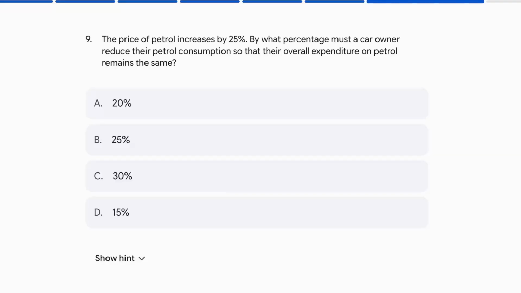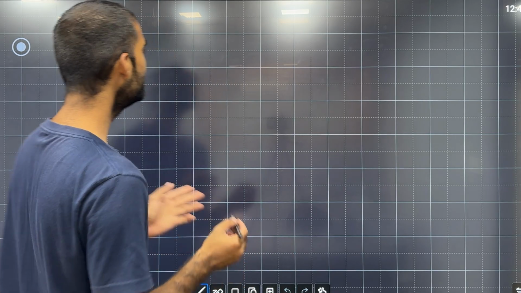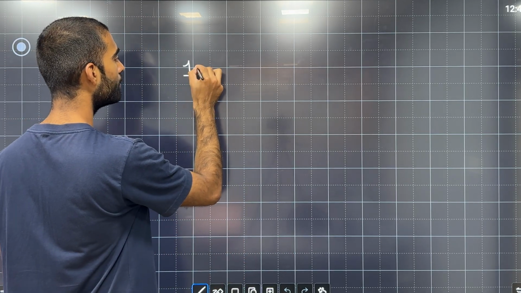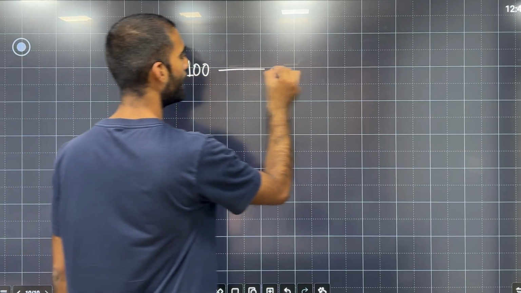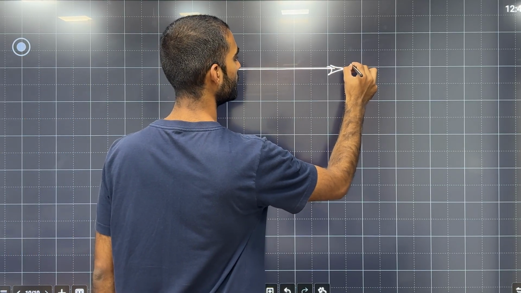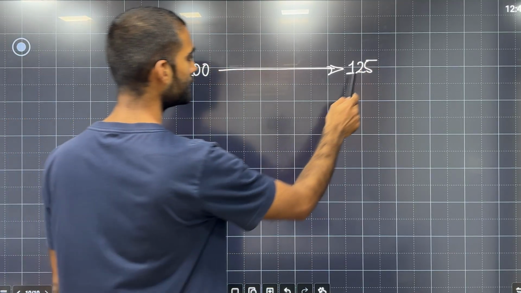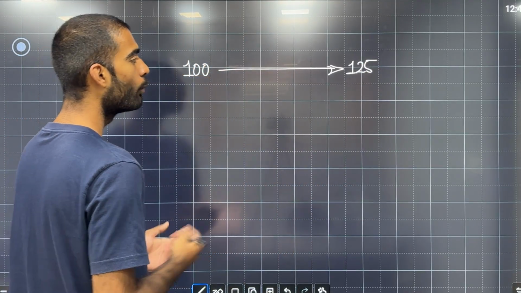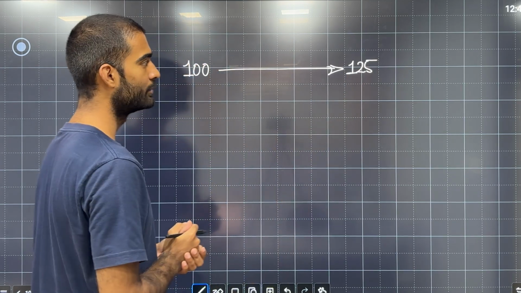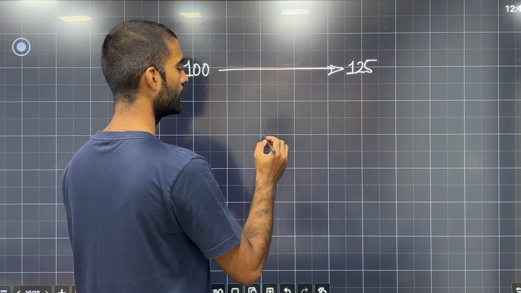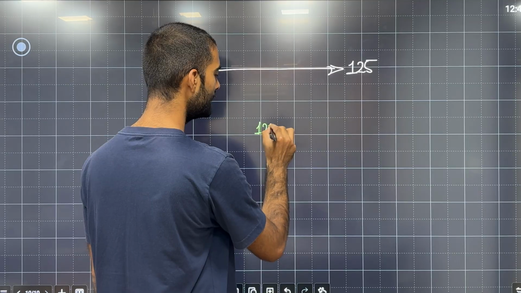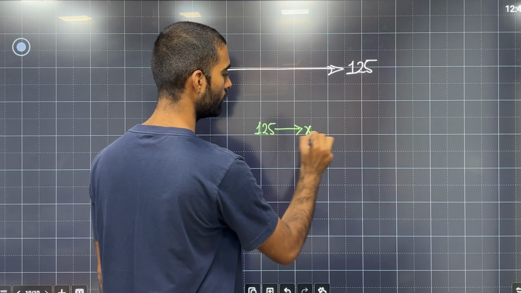Now petrol price increases by 25%. So a person needs to reduce his consumption to come back to the original cost. Let's say the original price of petrol was 100 and now the price is 125. So what he needs to do is cut down his consumption. Now by what percentage should he reduce his consumption to come back to 100? Now for 125, let's say we get X liters of petrol.